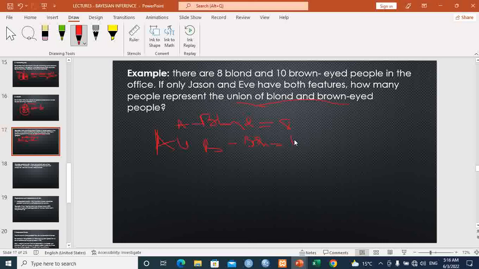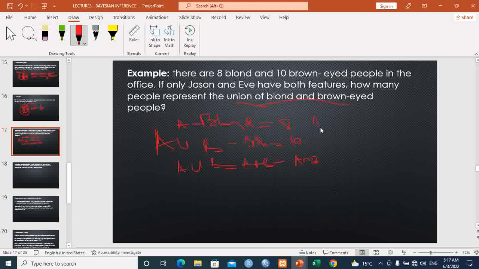We have 10 of them. So A union B is equal to A plus B minus A intersection B. That is what we had.